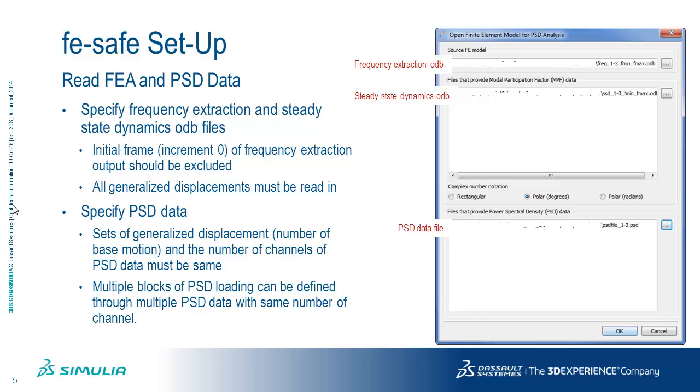For the frequency extraction, you can specify there. For the steady state dynamic generalized displacement, you can specify there. And then you specify the PSD data, then FE-safe will combine that information and construct the frequency range stress history of the structure and the duty cycle that the structure is experiencing.